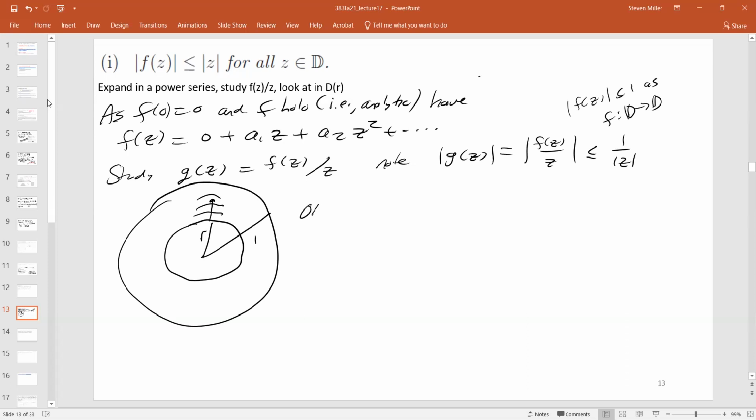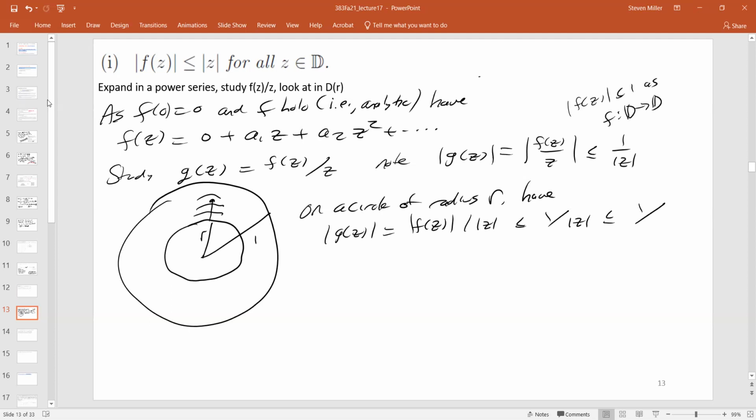So on a circle of radius r, we have the absolute value of g of z, which is the absolute value of f of z divided by z, is less than or equal to 1 over the absolute value of z, which is less than or equal to 1 over r. So the absolute value of f of z is less than or equal to the absolute value of z over r.